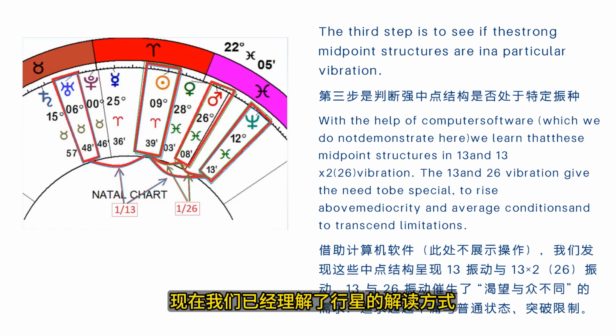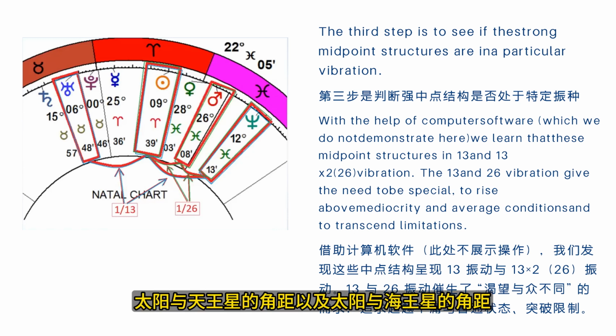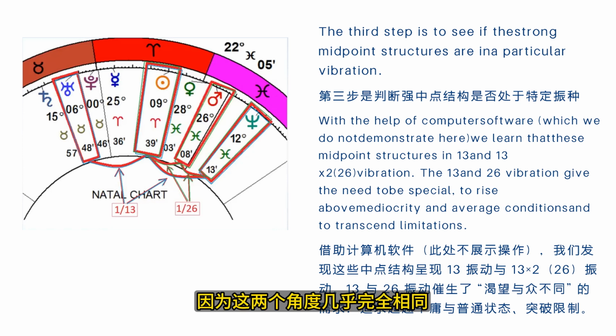Now that we have that understanding of how we think about planets and these vibrations, we're ready for our third step in the interpretation. The third step is we want to look at this angular distance of Sun to Uranus and the distance from Sun to Neptune, because the angle is almost identical.